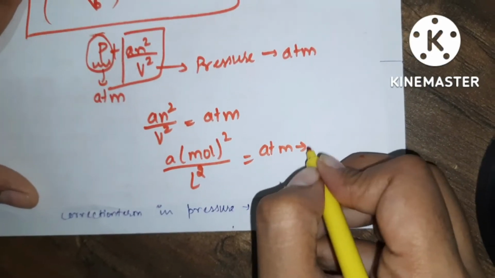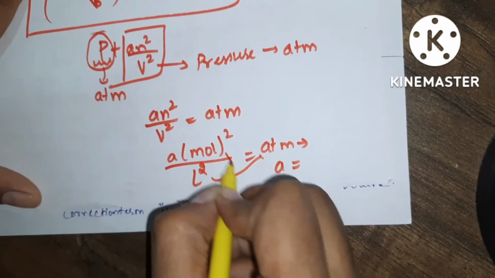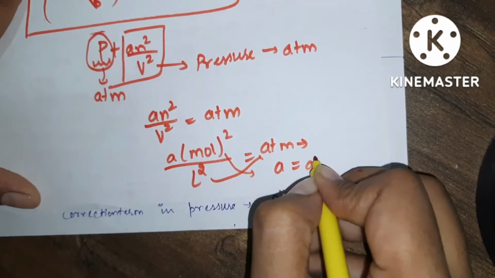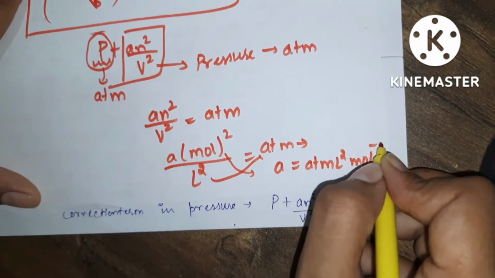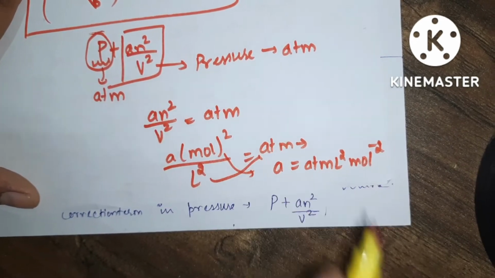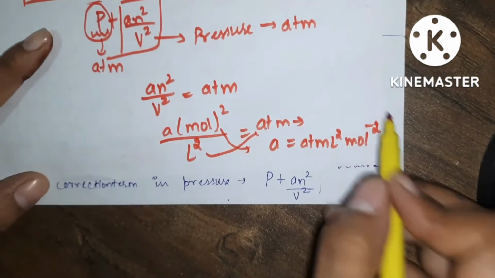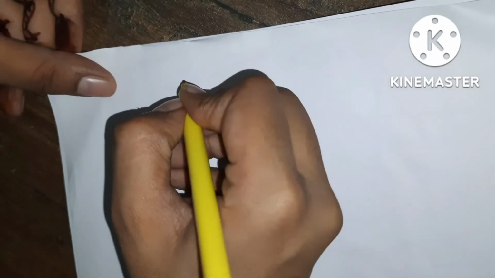Now we can calculate a by cross multiplying: the unit of a is atmosphere liter squared mole to the power minus 2, because it is divided by mole squared, and mole squared going to the other side becomes mole minus 2. Now what is the unit of b?